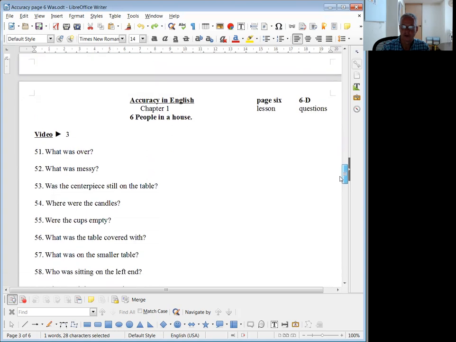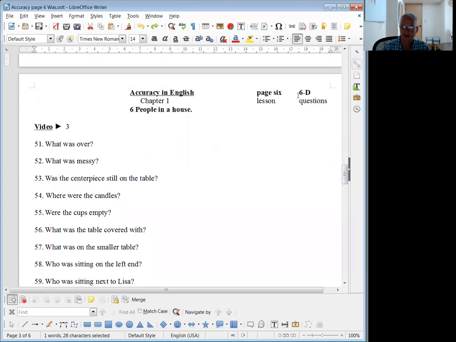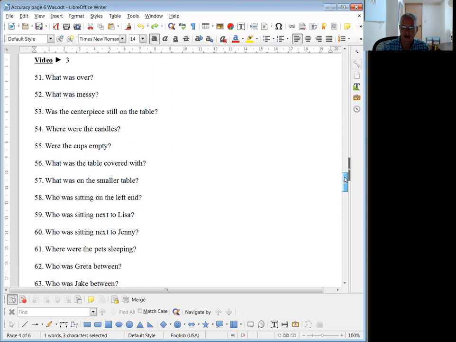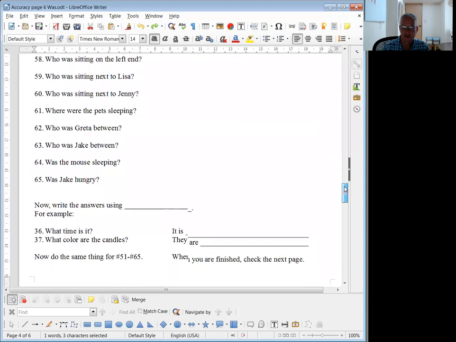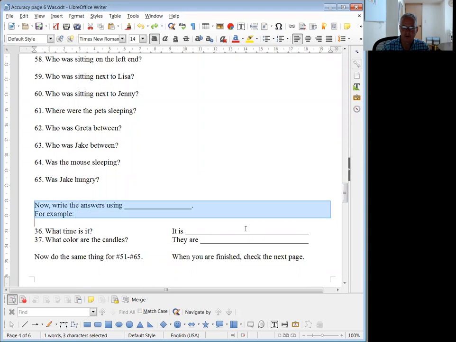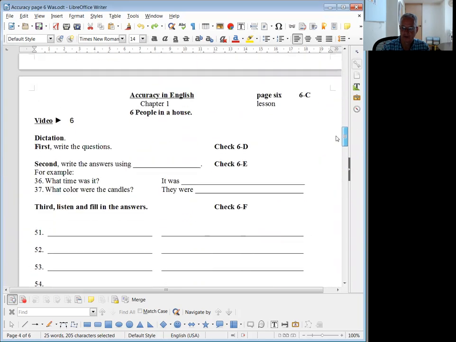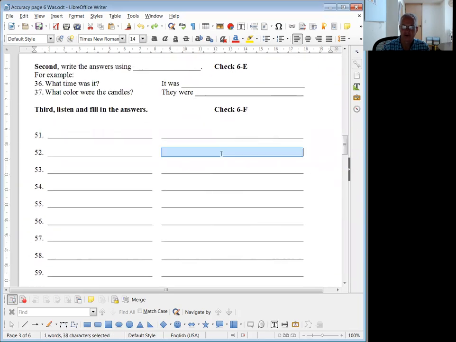So page 6D, check the questions. Now, step 2, write the answers using blanks. So write the answers using blanks like this.